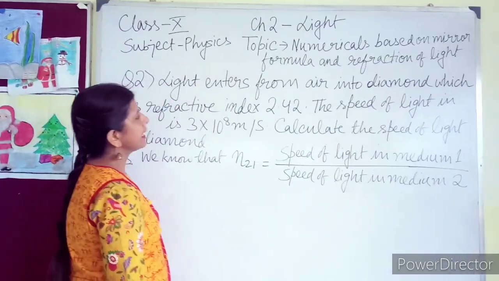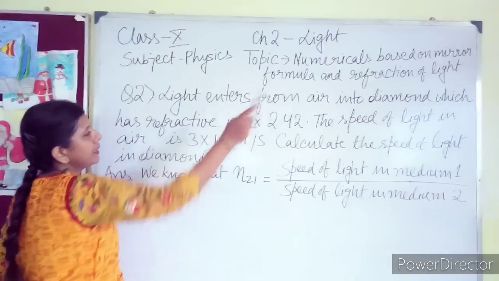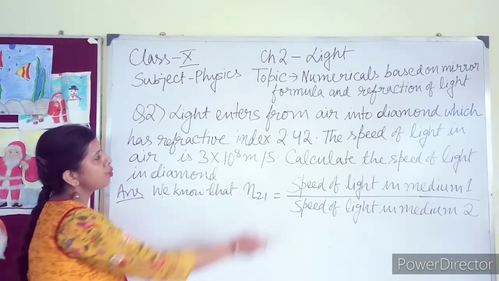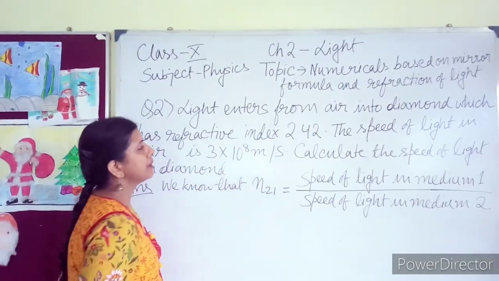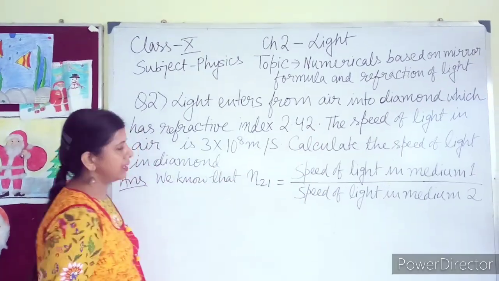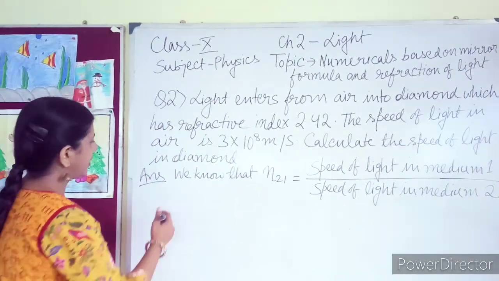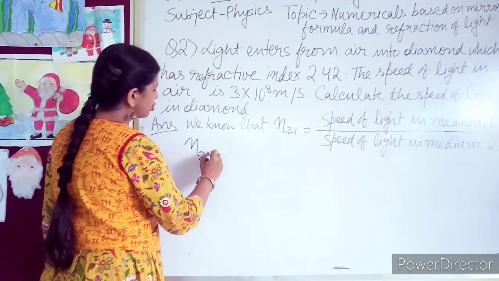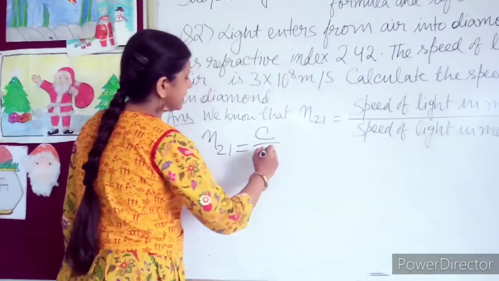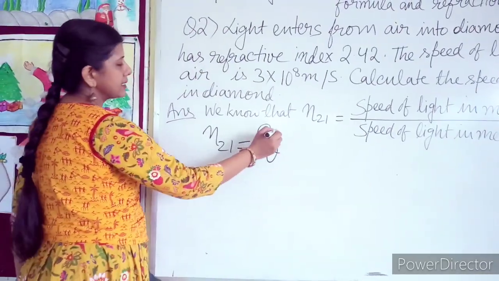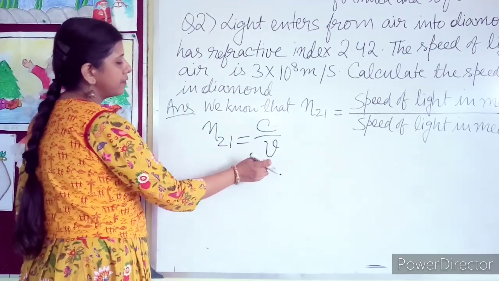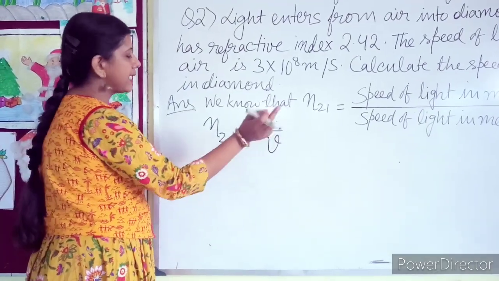Light is entering from air into diamond, so medium 1 is air and medium 2 is diamond. The formula can be written as nu 21 equals C by V. C is the speed of light and V is the speed of light in diamond.